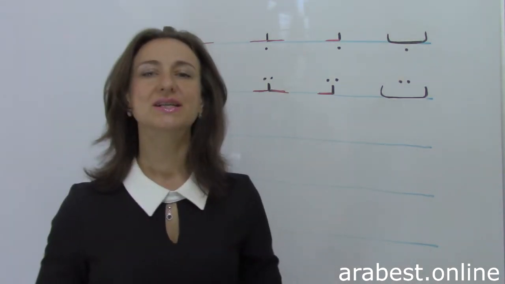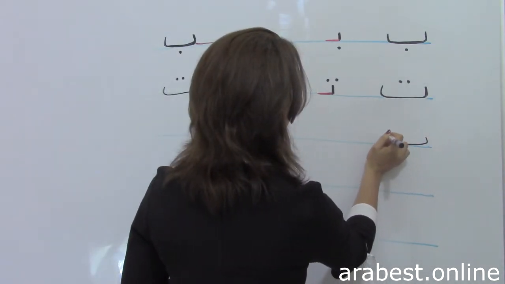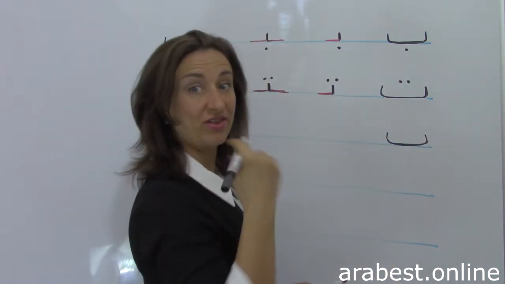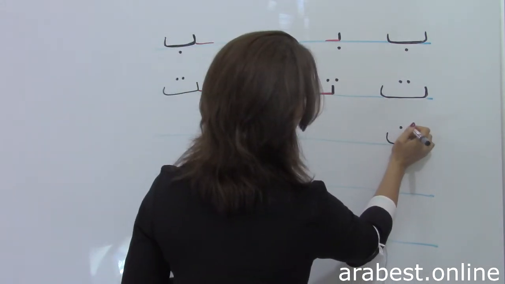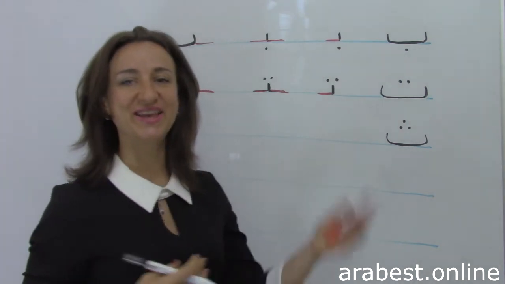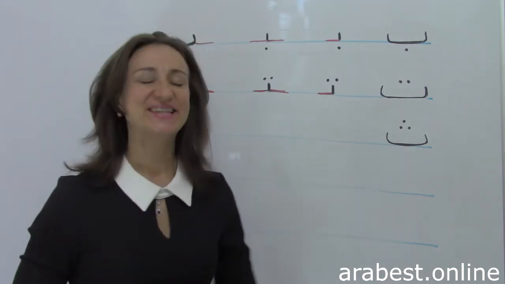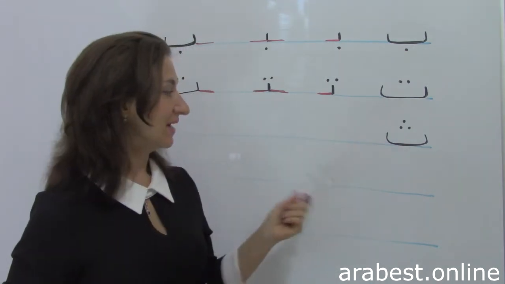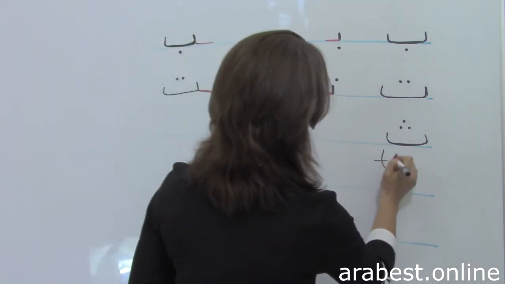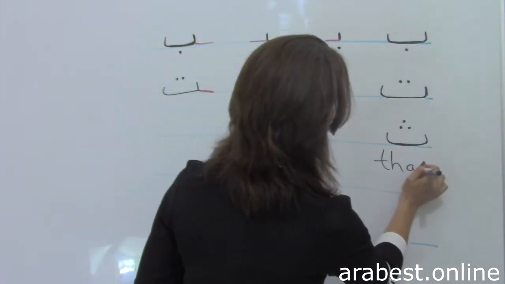The next letter, tha, dentilingual, looks the same as the two previous ones, but with three dots above. So we just multiply the dots until the end of the alphabet. You got the idea? Okay, just kidding. Letter tha gives us the sound th, voiceless, like in the word thank you, thanks.